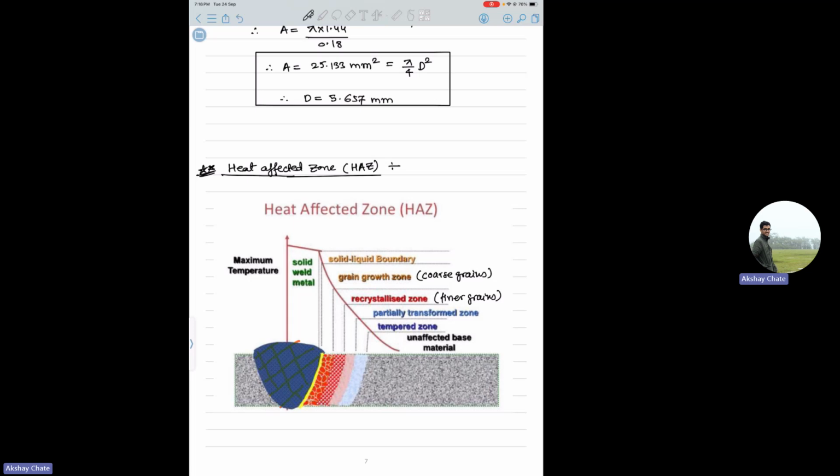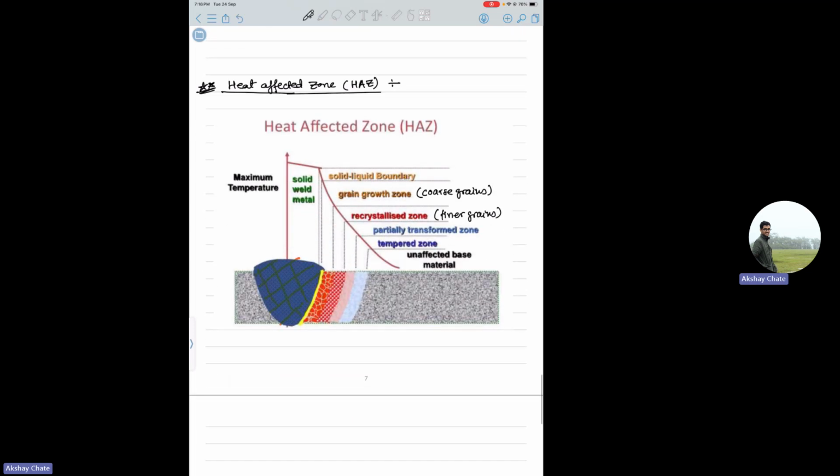Okay, so there is one figure also about this. So as you go away from fusion to the heat affected zone.